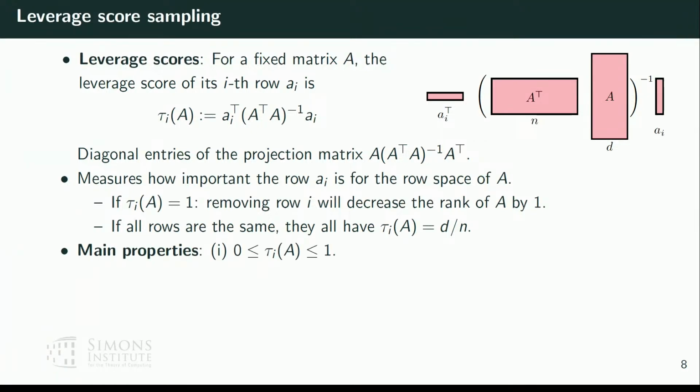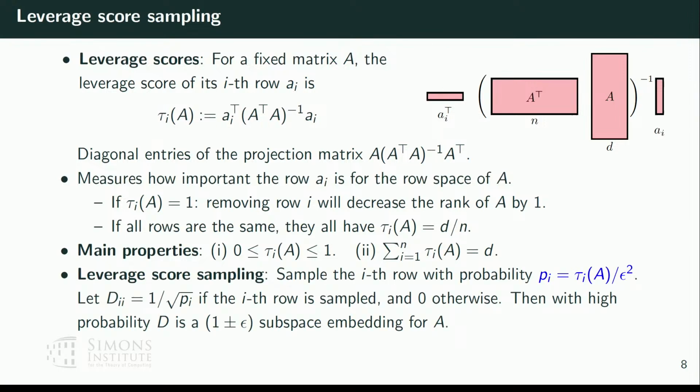And the leverage scores have two main properties. One is that all the leverage scores are between 0 and 1. And the second is that the summation of them equals the rank. So basically, it's a way to measure how important a row is, and all of them together equal the rank. Okay, and what is leverage score sampling?